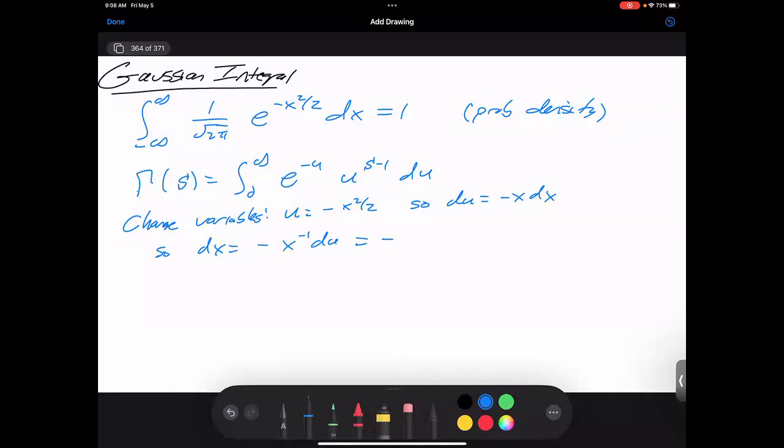But what is x? Actually, we don't want the negative sign. We don't want the negative sign in the changing. Okay, so we want u to be x squared over 2. Du is going to be just x dx. So how would we solve for x? If u equals x squared over 2, what does x equal?